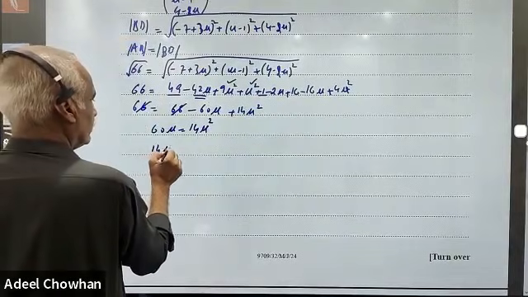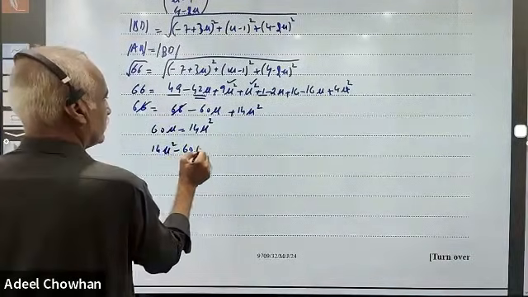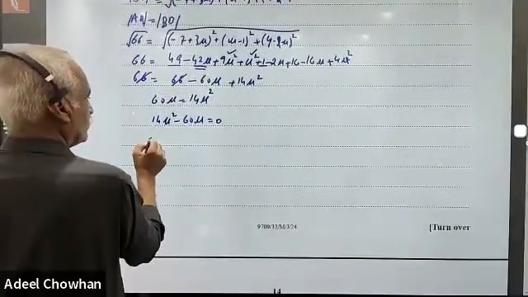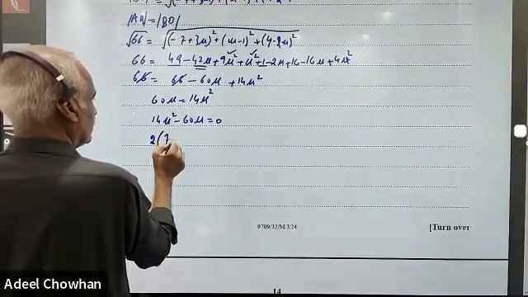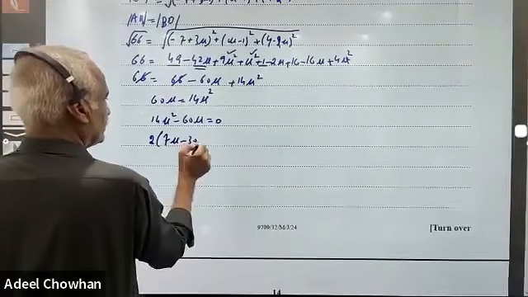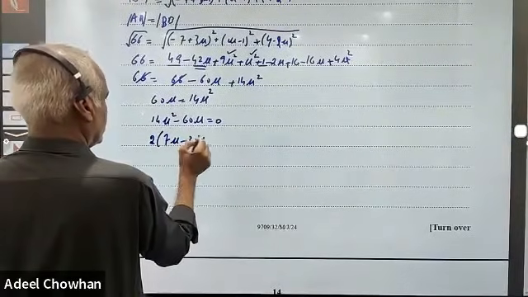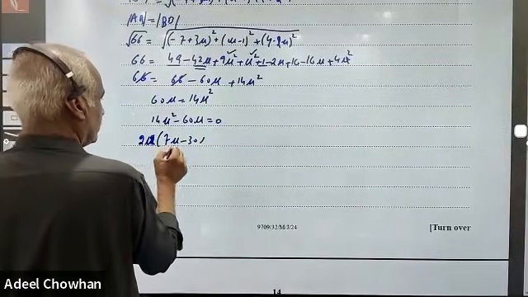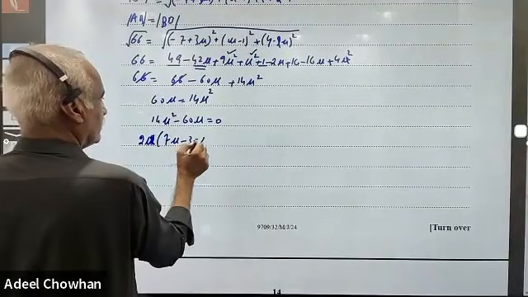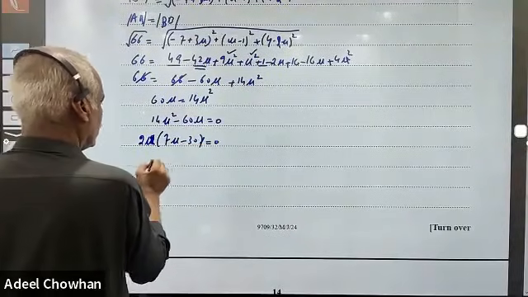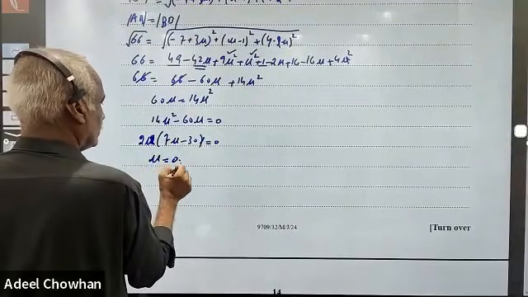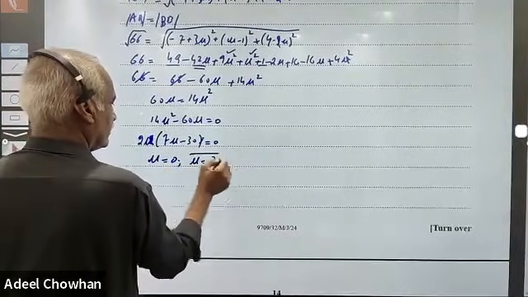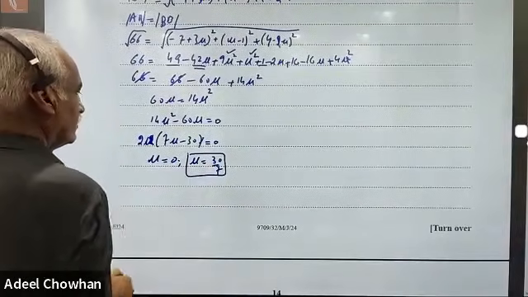So 14 mu square minus 60 mu equal to 0. Taking 2 mu common, 7 mu minus 30 is equal to 0. Mu is equal to 0 or mu is equal to 30 by 7.